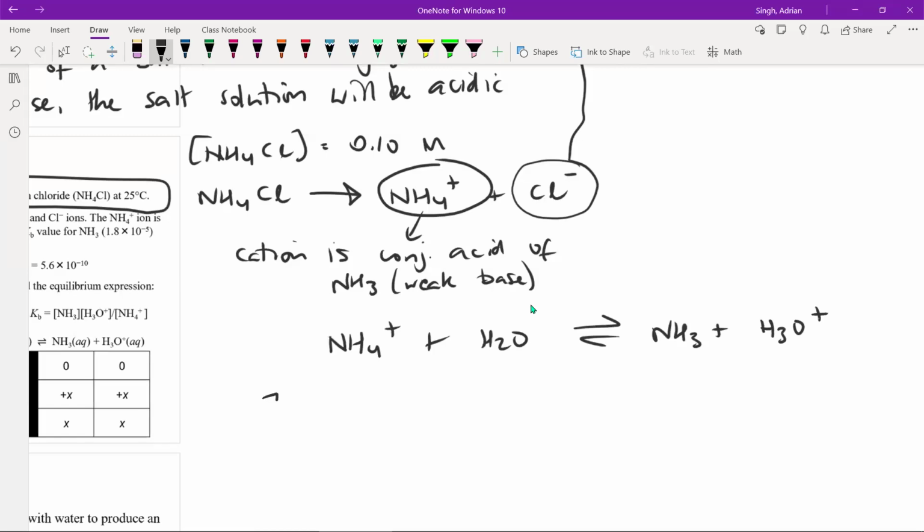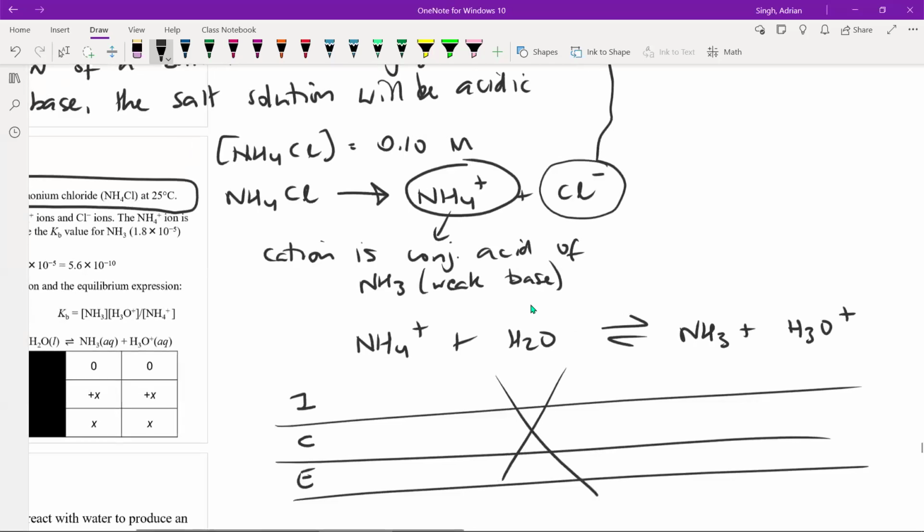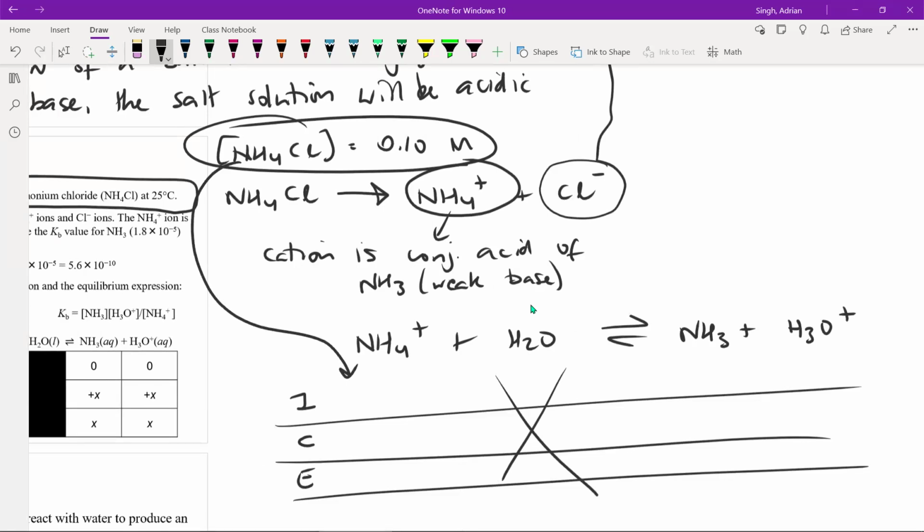We have our ICE table that we can generate. Ignore water for right now. We're given the concentration of the ammonium chloride as 0.10 molar. Salts dissociate completely in a 1-to-1 mole ratio, so that will also be the concentration of the ammonium ion. We have none of these to begin with. We gain X along the way and lose X here. So at equilibrium, we have 0.10 minus X, and X and X on the other side.